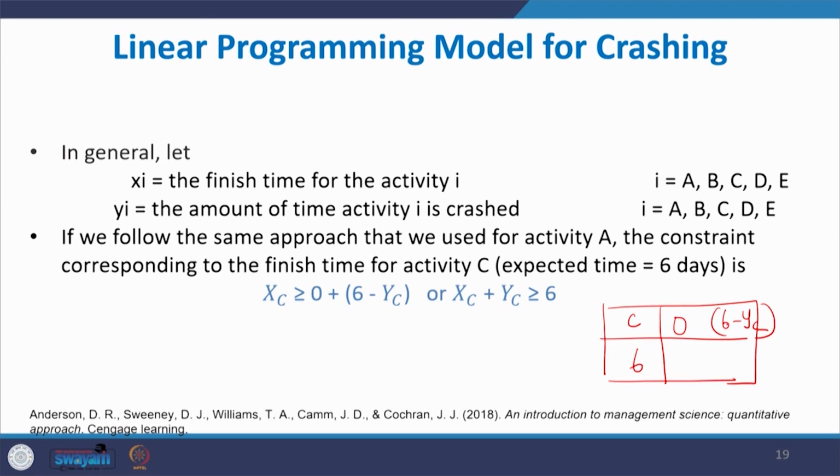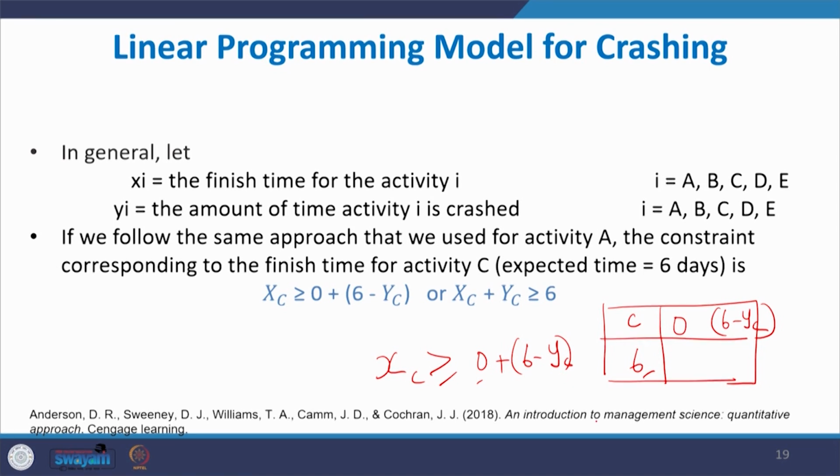So, XC will be greater than or equal to 0 plus 6 minus YC. What is the 6? The 6 is the activity duration. What is 0? Earliest starting time. What is YC? How much time we can crash. Y is the amount of time that the activity is crashed.